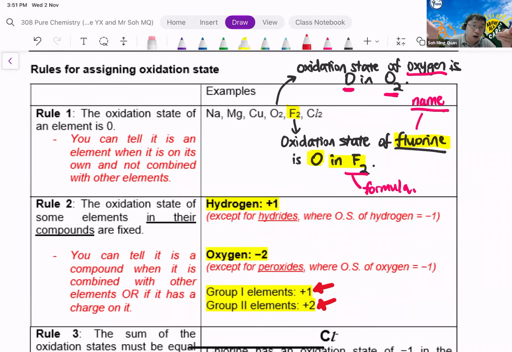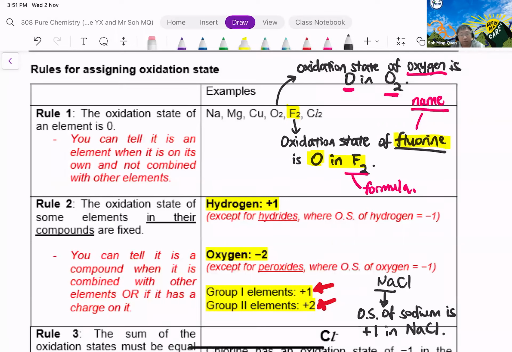Because sodium is group 1, it will always be +1. Magnesium, group 2, +2, the oxidation state. Okay, so I give you an example. Let's say I have NaCl. I know Na is group 1. So we'll say that the oxidation state of sodium is +1 in NaCl.